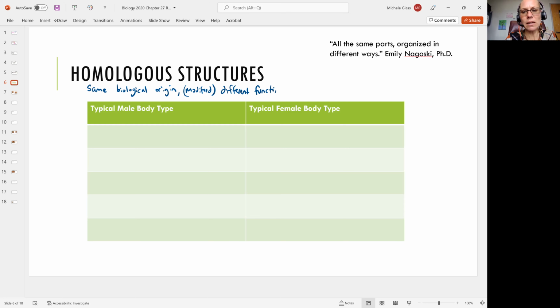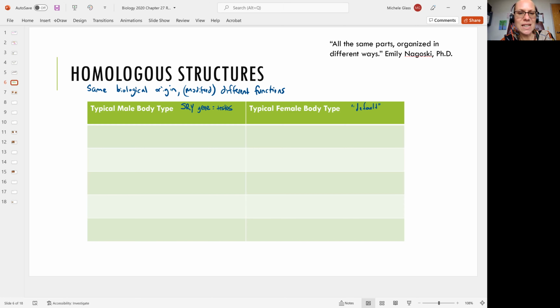And what we'll see is in that developing embryo and that developing fetus, that the female body type is sort of like the default. But then if you have the SRY gene, remember, this is located on the Y chromosome, then you get the production of your testes.